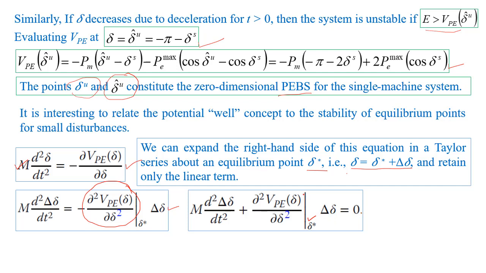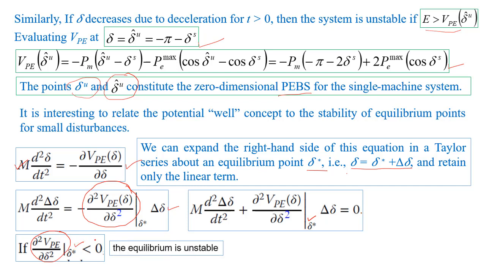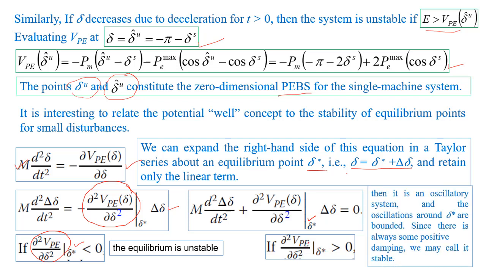So from this equation we can see that if the double partial derivative of the potential energy evaluated at this equilibrium point is less than 0, then the system is unstable. That means the equilibrium is unstable. And if this double partial derivative of the potential energy evaluated at the equilibrium point is greater than 0, then I can say that this is a stable equilibrium point.